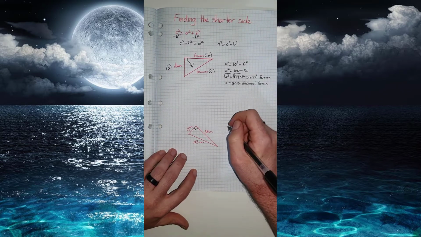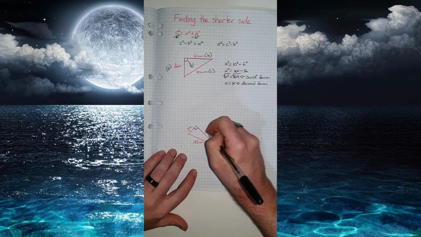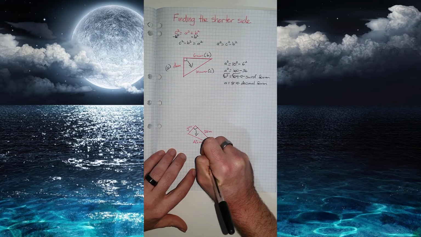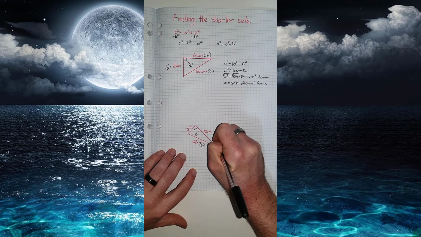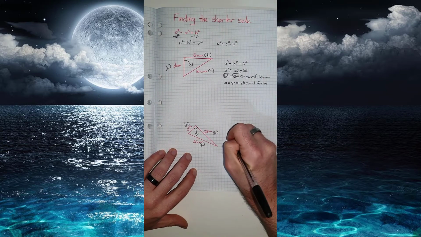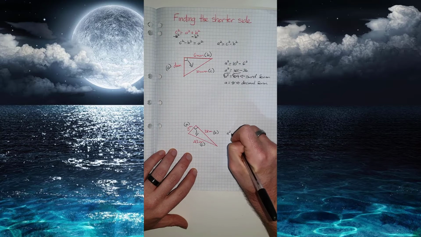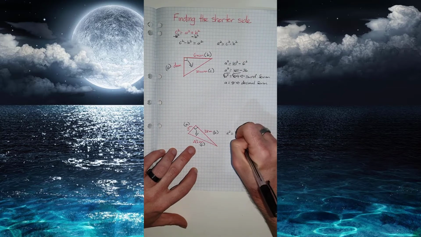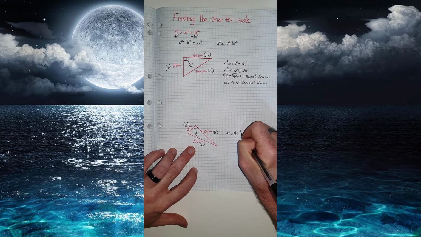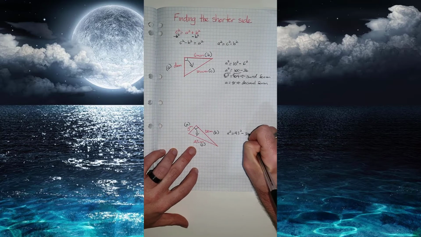Again, let's label. So opposite this, this is obviously C. Therefore, this has to be B, and this is A, that I don't know about. Now, A squared equals 43 squared minus 38 squared.